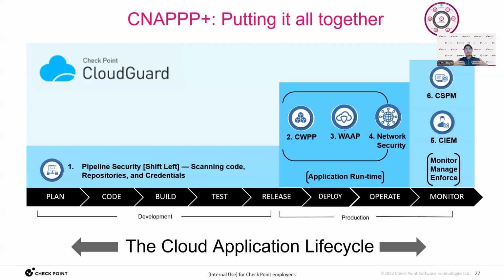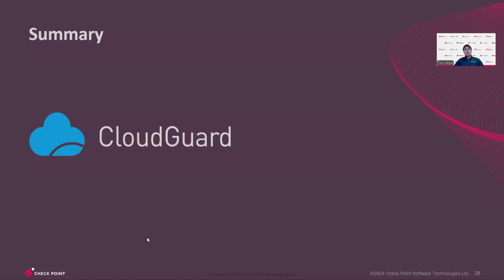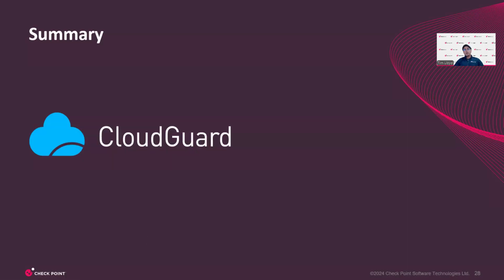Very important. This whole entire family is necessary. And I wanted to put it in this picture so you could see where each applies in the cloud security stack. So hopefully that's helpful for you. That's really the last piece I had for you guys, right? CNAPP plus prevention from CloudGuard is how we go about it.